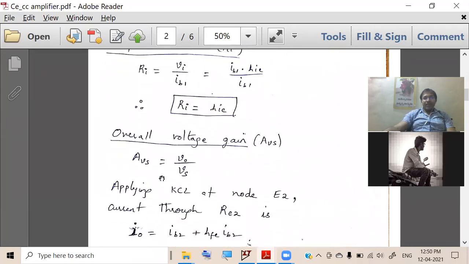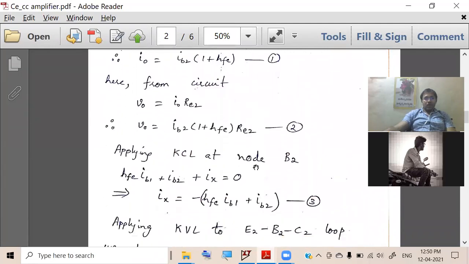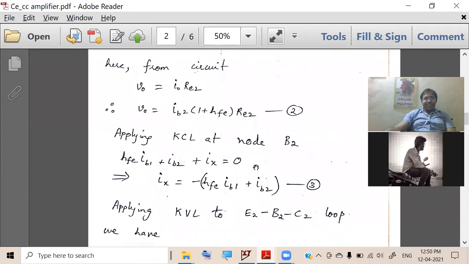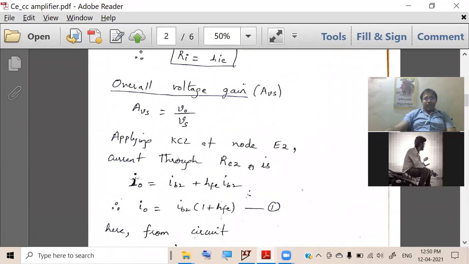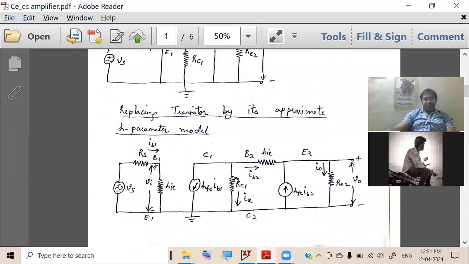That is what we are doing in the next steps. So slowly, let us first apply KCL here. Already we applied KCL here. Next, let us apply KCL here, because I want a relation between IB1 and IB2.